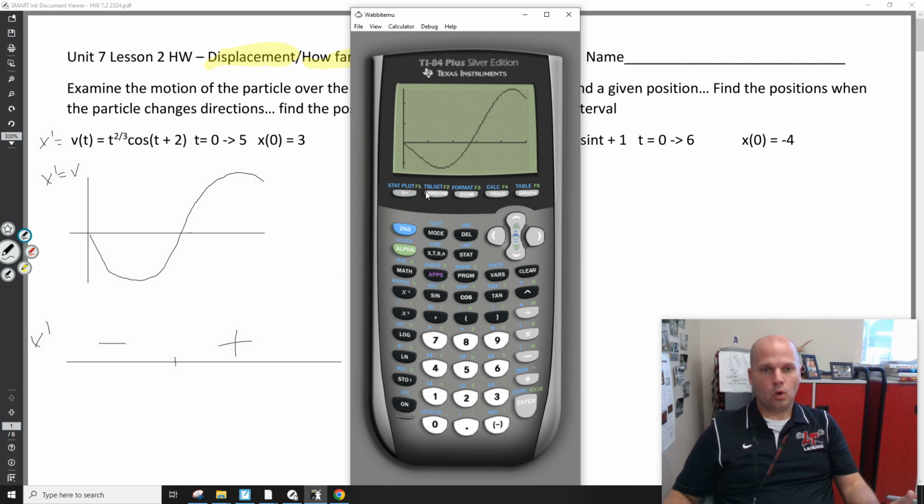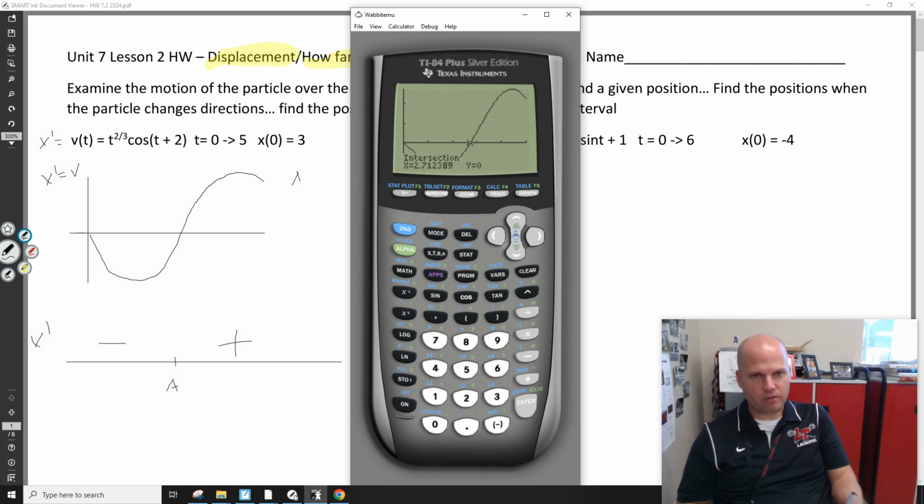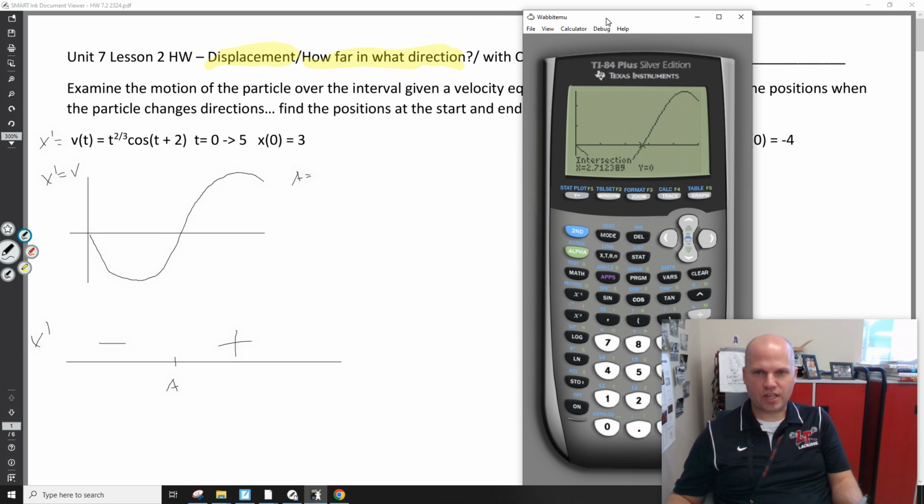Cool. We need to find this intersection. Now remember, there are two ways you can do second calc zero, but what we talked about in class is, since we're going to be doing this often, always have y equals 0 graphed. You don't see it, but it's there, and you can second calc intersect, enter, enter, enter. We got that this intersection, which I'm going to call A, and I'm going to write down, is 2.71238.